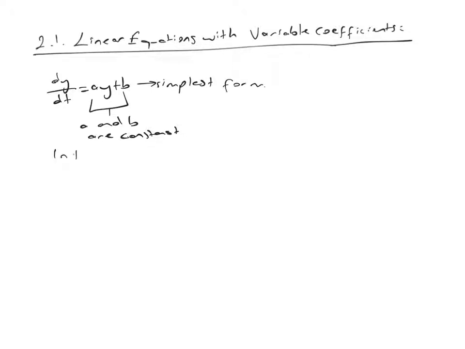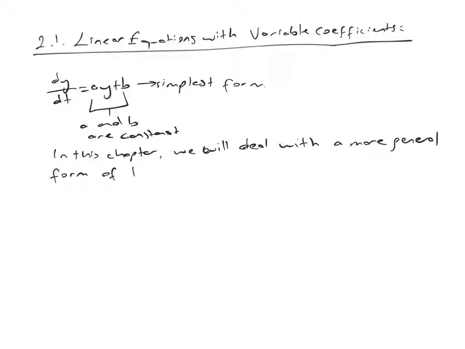In this chapter, we will deal with a more general form of the first order differential equations, and it is dy over dt plus p of t times y is equal to g of t.